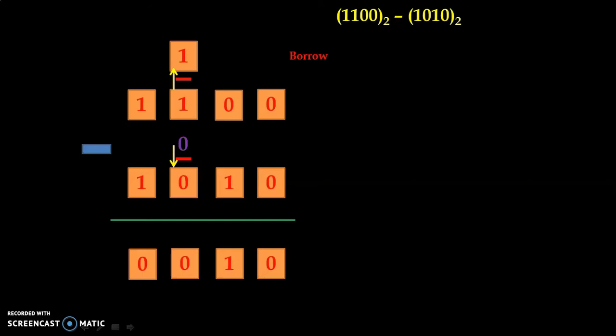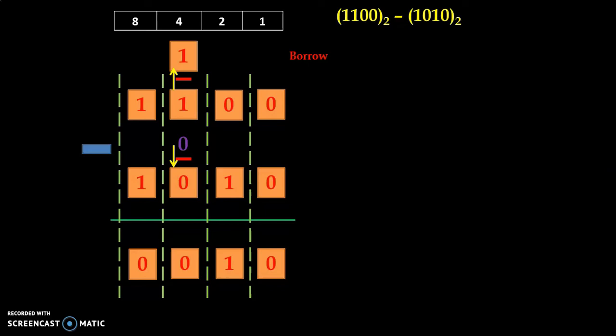Now if we require, we can take equivalent decimal values and then do the subtraction to cross check our answer. Now if we find equivalent decimal values, for 4 bits we know that we have to follow 8421.